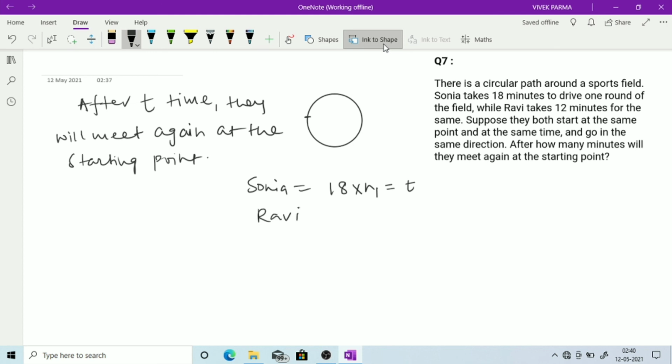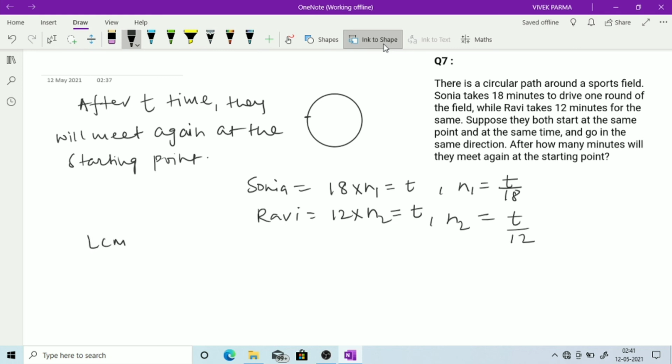And Ravi will take n2 number of rounds to meet after t time, right? So here n1 equals t upon 18 and n2 equals t upon 12, right? So here t is divisible by both 18 and 12. This means what? We need to find the LCM, right?